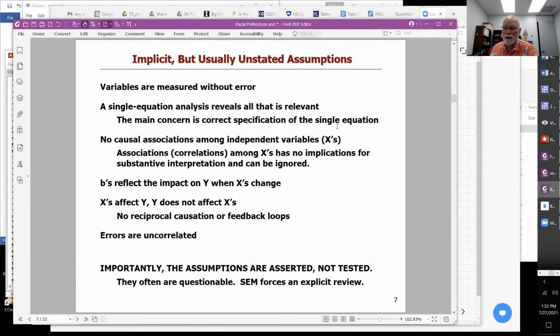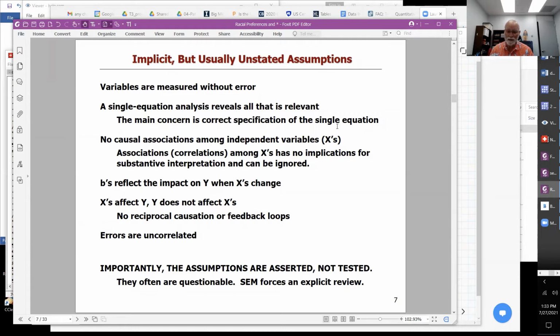There's a lot going on in those models, which is often relegated to the background. In fact, anytime you run a regression and interpret it, you are embracing a number of assumptions.